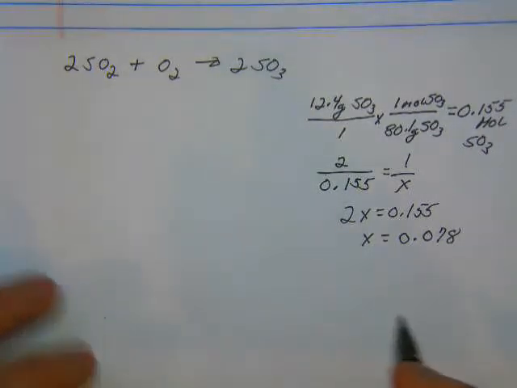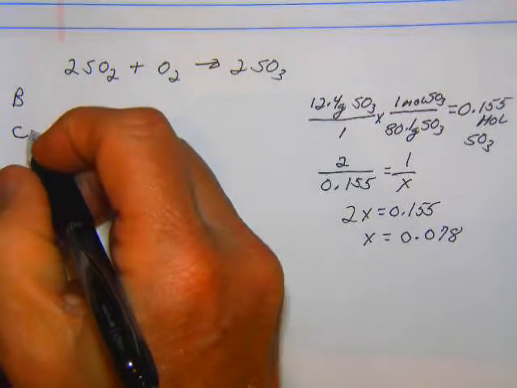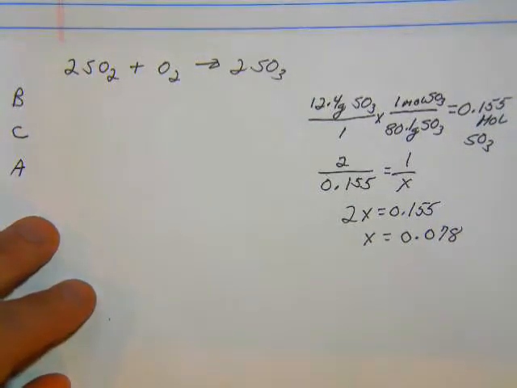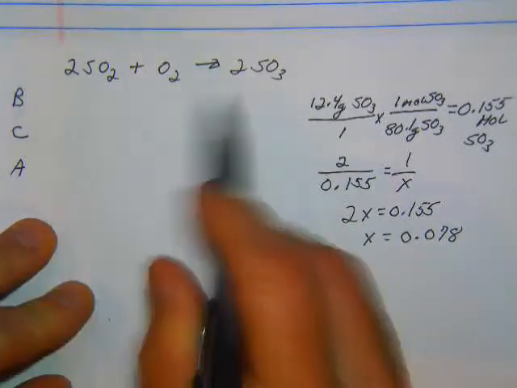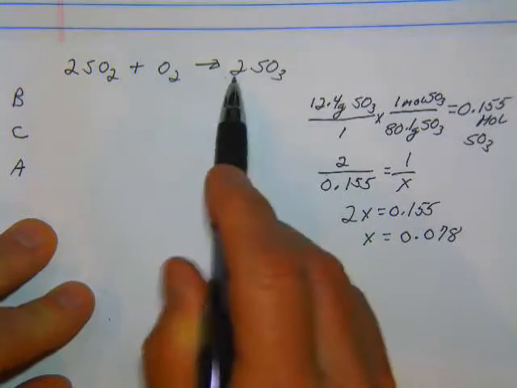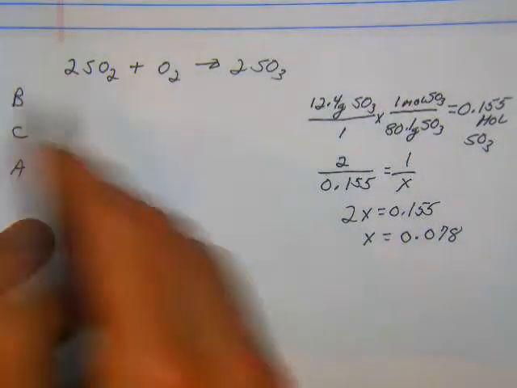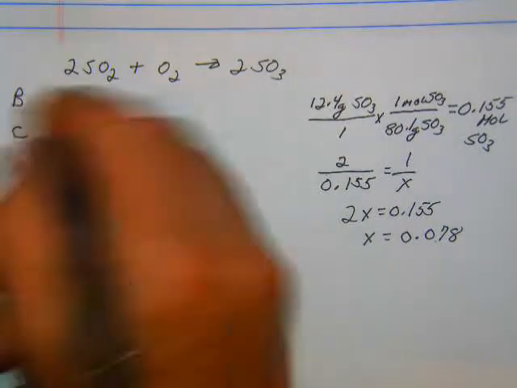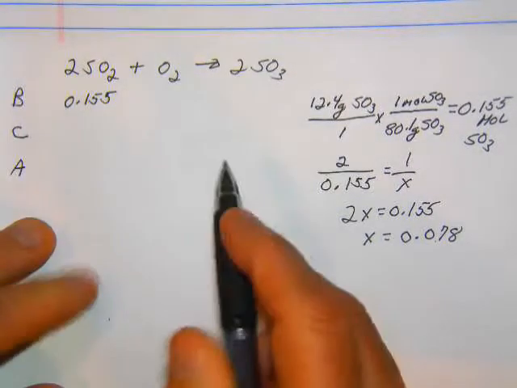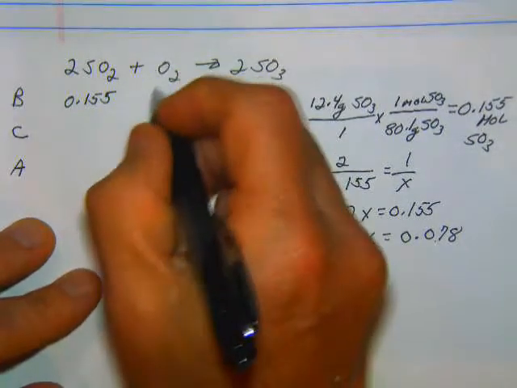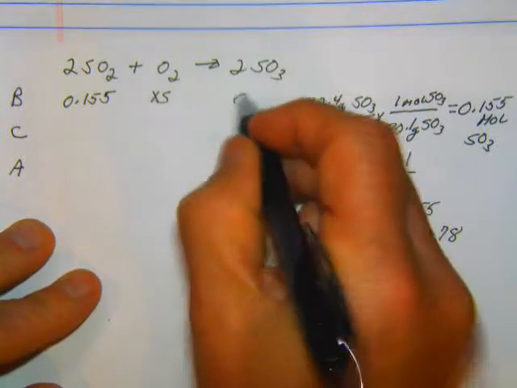Alright, let's go through and do this now with our before, our change, and our after. There's the coefficient of 2, and this one happens to be 2 also, and this is what we were given, so it's 0.155. They actually tell us the oxygen is in excess. The change is, and then we don't make anything yet.